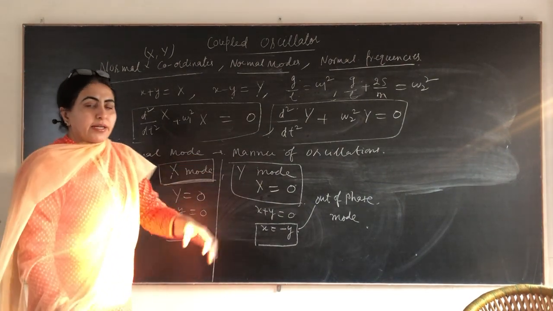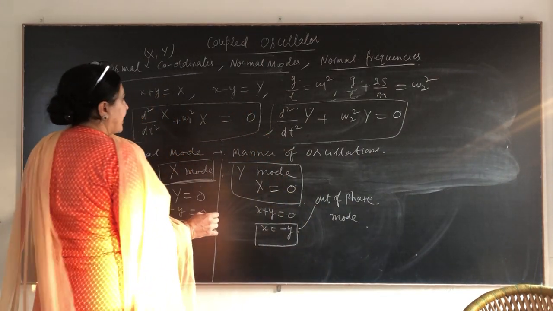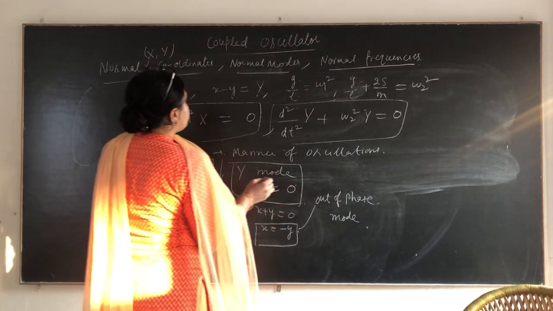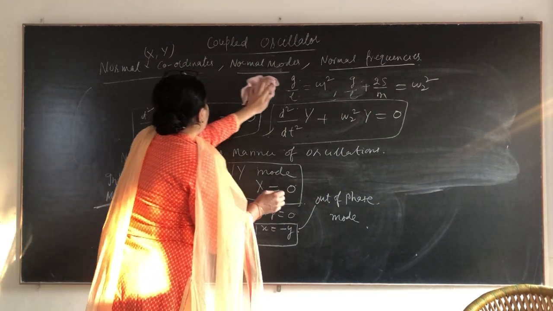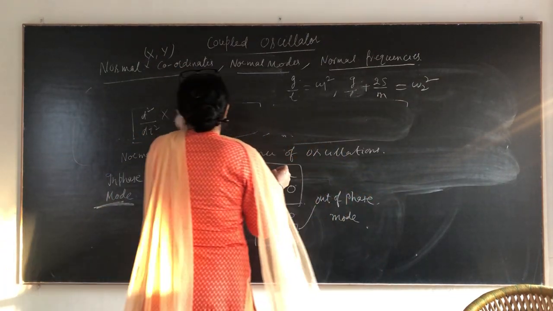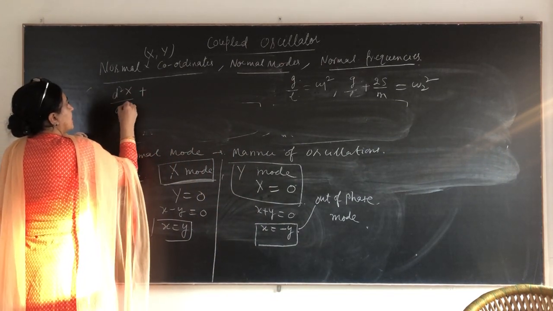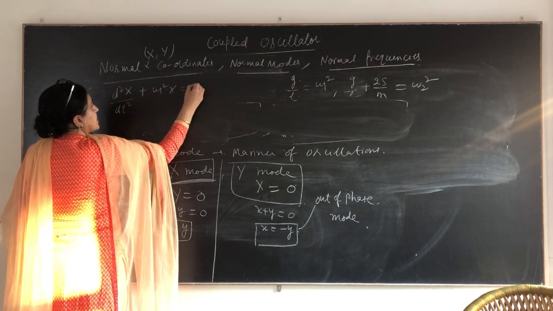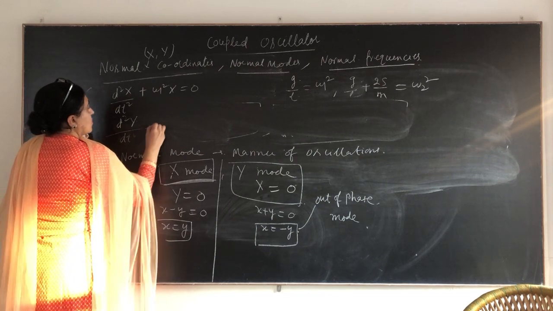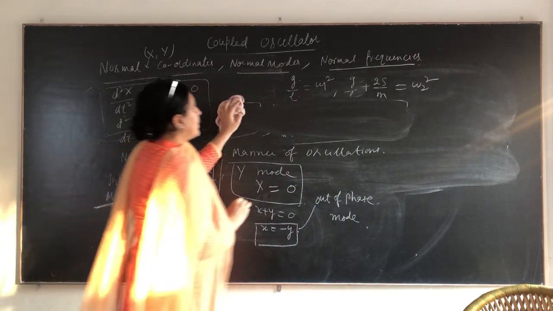How can we show these diagrammatically? I will rub this and write here: the double derivative of x with respect to t squared plus omega 1 squared x is equal to 0, and second, the double derivative of y with respect to t squared plus omega 2 squared y is equal to 0. Now I will draw the diagrams.